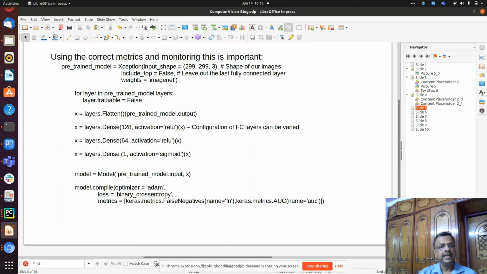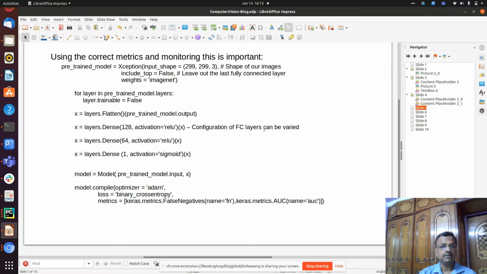Then we say layer.trainable equal to false for the pre-trained model layers, and we add our fully connected layers on top of that. We first flatten the output to get it in a linear manner, because that's what the fully connected layer expects. The convolutional layers output a volume, so we have to flatten it out, and then we use the fully connected layers.